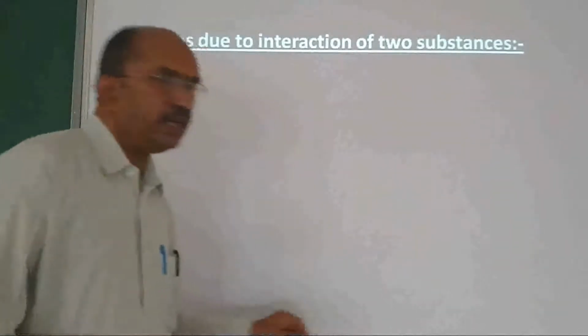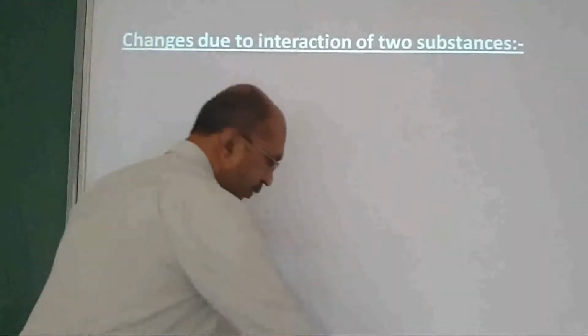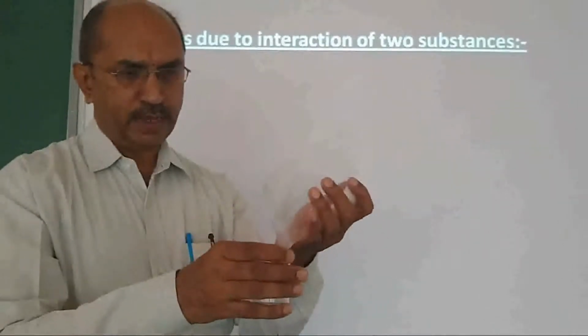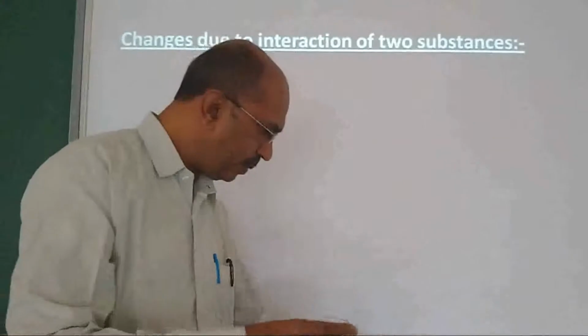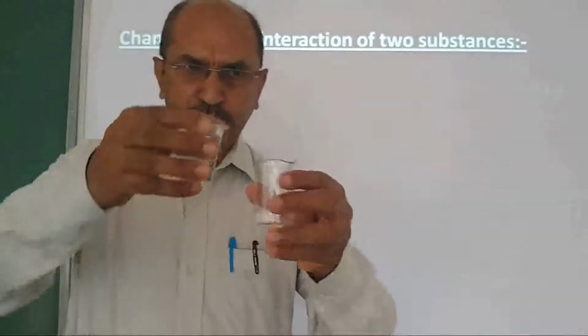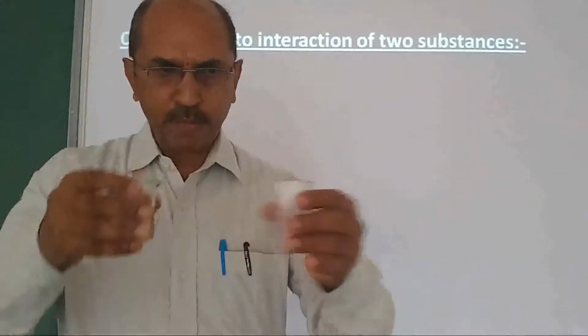Even physical changes also happen when two substances interact with each other. Here this is the common salt or sodium chloride. I have taken the sodium chloride in this beaker. When I add water to the sodium chloride or the common salt, what will happen?